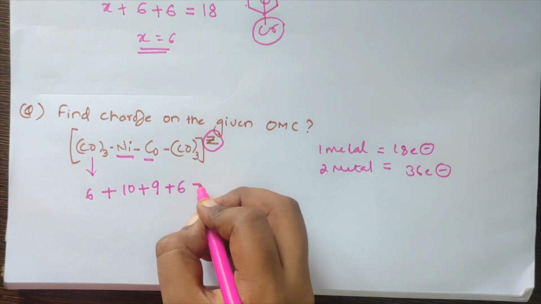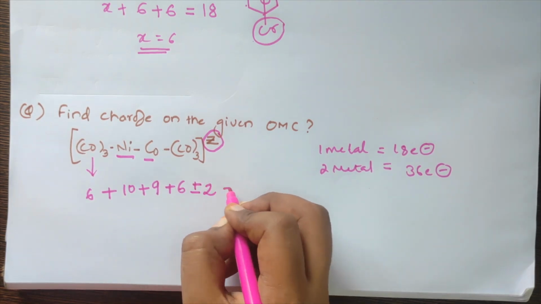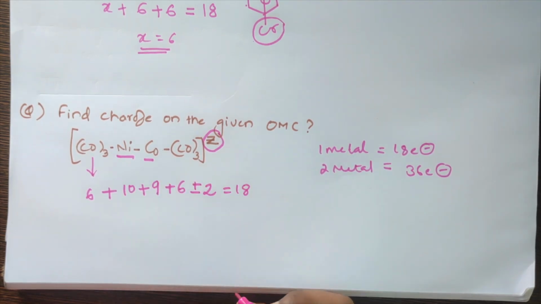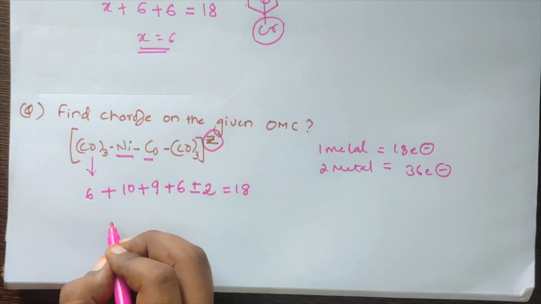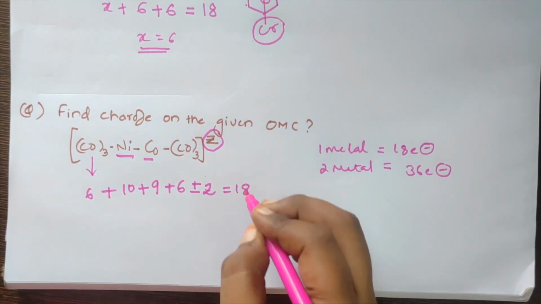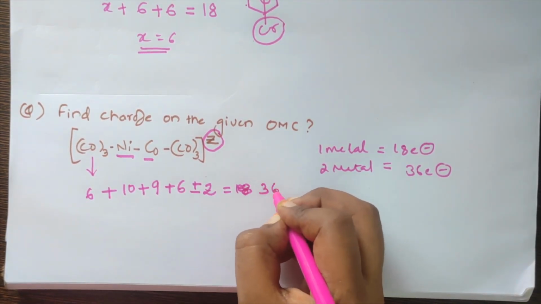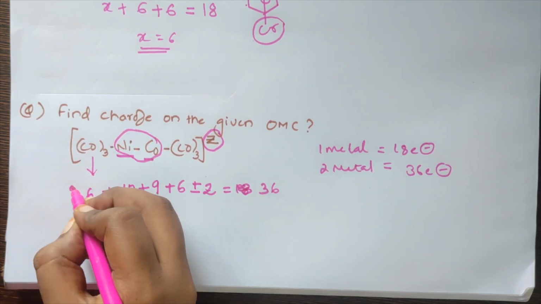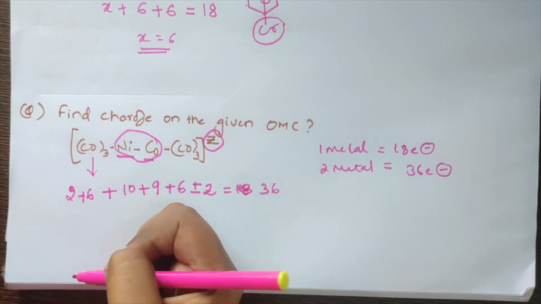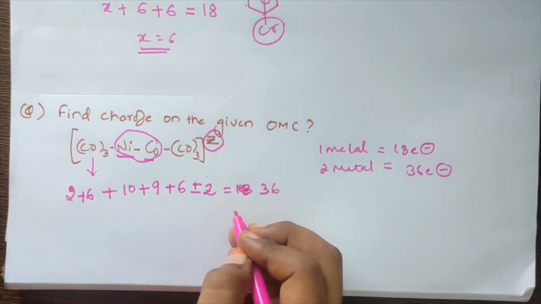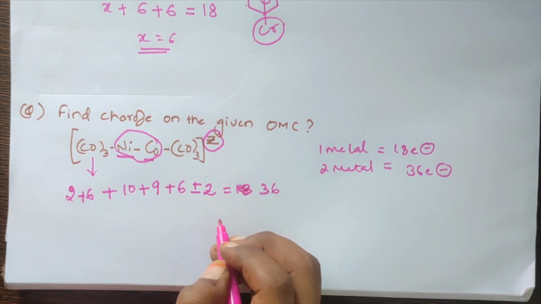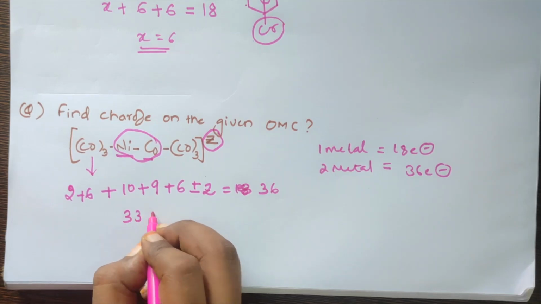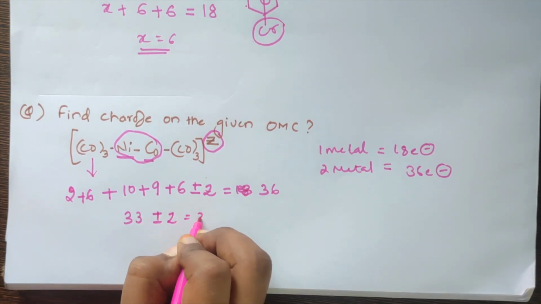So take plus or minus Z, which will be equal to 36, not 18. And a metal-metal bond is present, so it will be contributing 2 electrons. So overall, when you add them, it will be equal to 33 plus or minus Z is equal to 36.